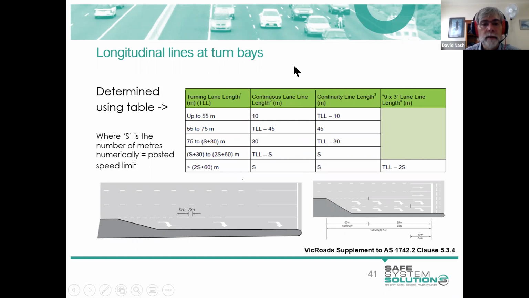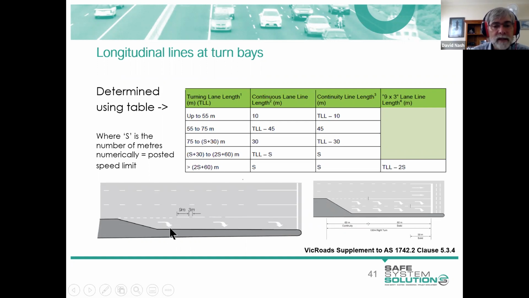And the other thing about that is providing the arrows within a lane. It used to be that the arrows were placed, I think, 25 metres apart, and now the guidance is put the first one 6 metres from the stop line, put the last one, or the first one in the direction of travel, whichever way you want to look at it, as far upstream as you can within the lane, and then space out the others intermediately.